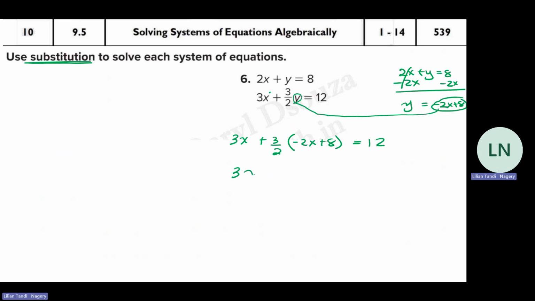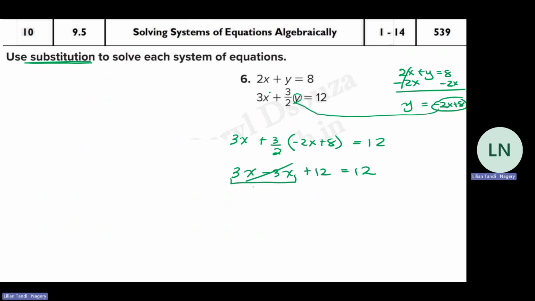So 3x, this and this will go, give me minus 3x. Yeah, I was right. And this will give you 4, that will give you 12. Yes, I should get infinitely many. Very good. I was correct.